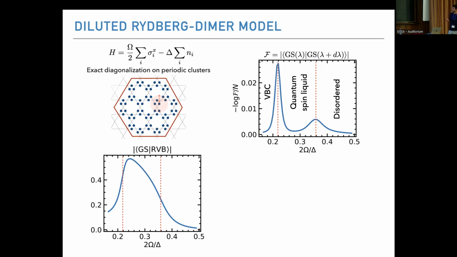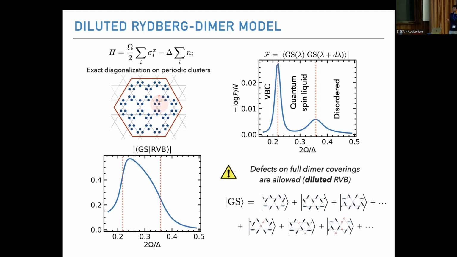So this phase turns out to be topologically ordered in the sense that I meant before, but the ground state is not exactly the RVB state, as you can see from the overlap here. It's large, but it's not one. The reason is that in the Rydberg Hamiltonian, you have defects on top of these dimer coverings. Remember, a dimer is a Rydberg atom on a link of this lattice.